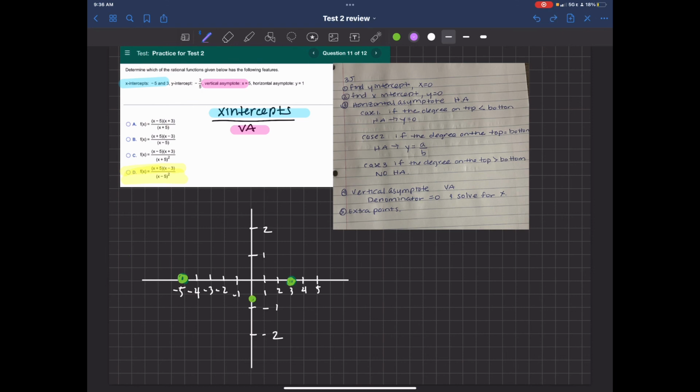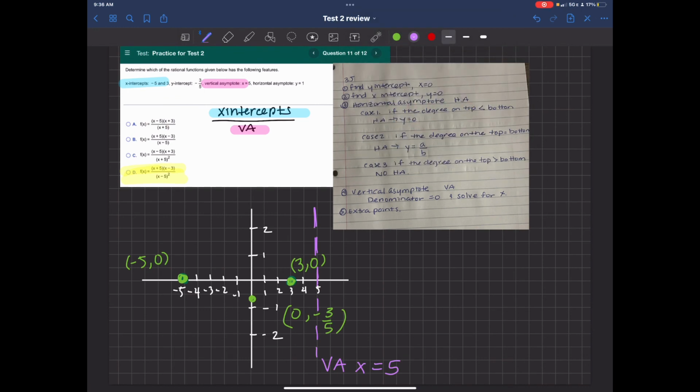So let's go ahead and start to label these. And then I'm going to look at my vertical asymptote. My vertical asymptote is x equals 5. So that is a line that my function does not cross. And then lastly, I have a horizontal asymptote happening at y equals 1.